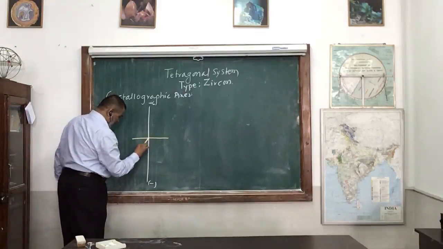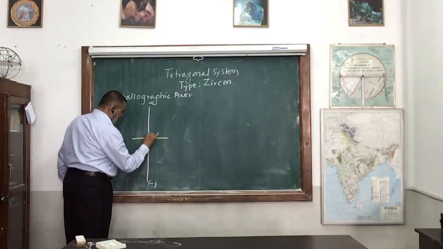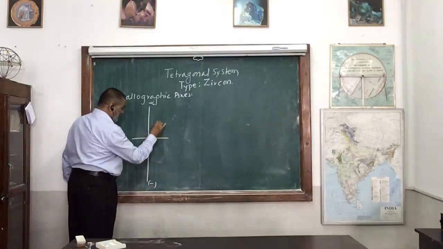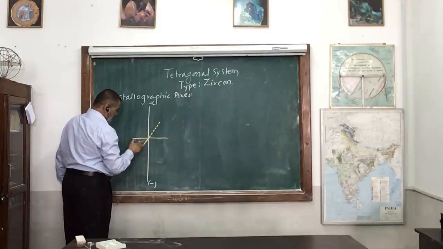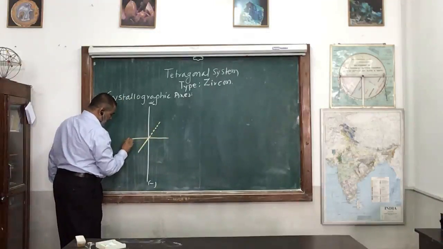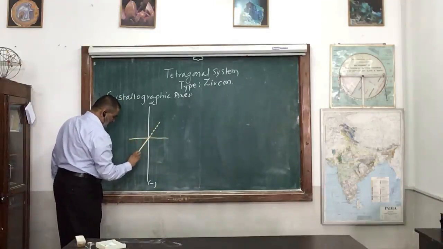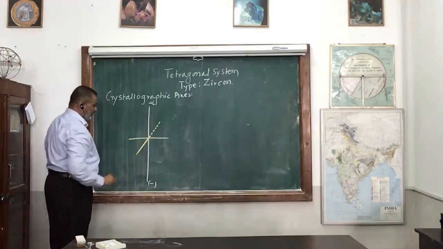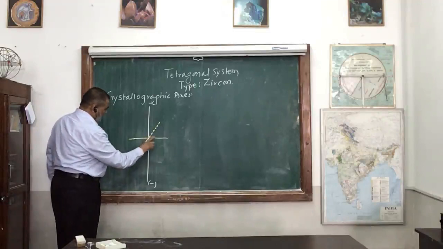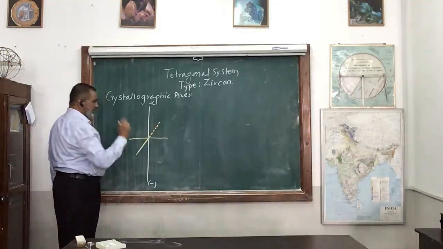So here we have the A axis, B axis and C axis.